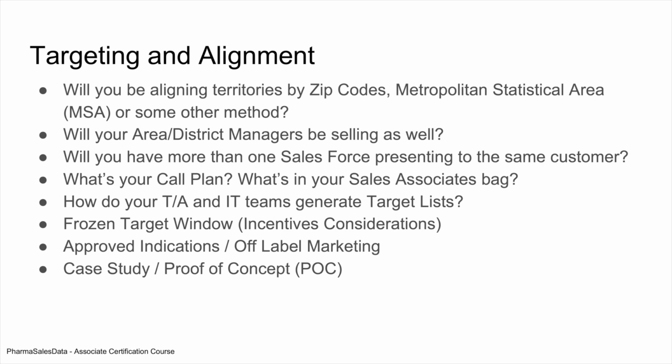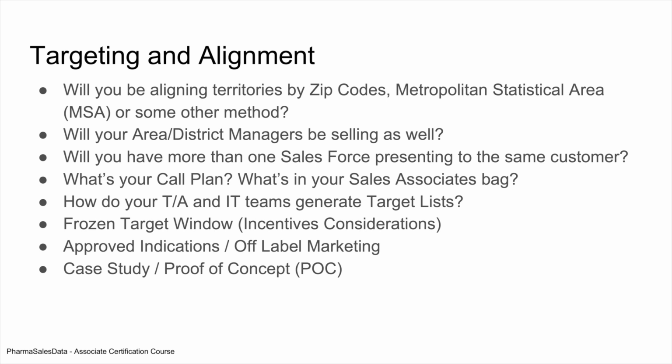Frozen target window, incentives considerations. So normally what happens is a frozen target window is open. It becomes a targeting window at the beginning of a semester or trimester. And then once everything is completed and everybody agrees on who the targets are for that specific territory, the targeting window is closed or frozen.